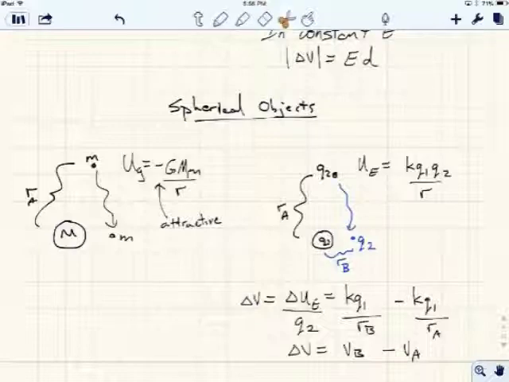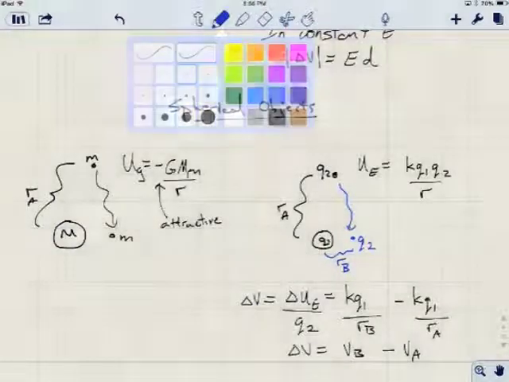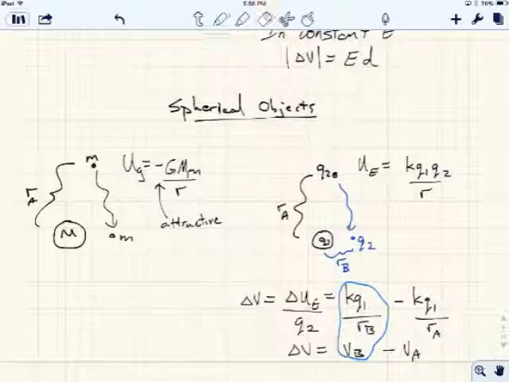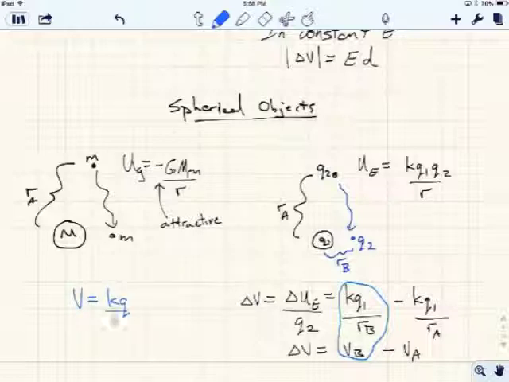What this tells us then is that we can define the electric potential at any point by that relationship there. So the electric potential V is given by KQ over R, and this is the electric potential around a point charge. In the diagram, I have labeled my point charge Q1.